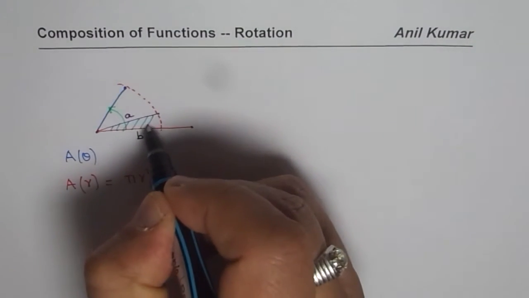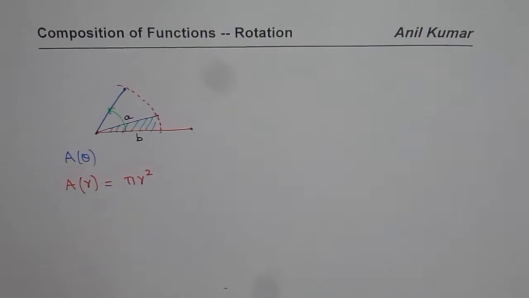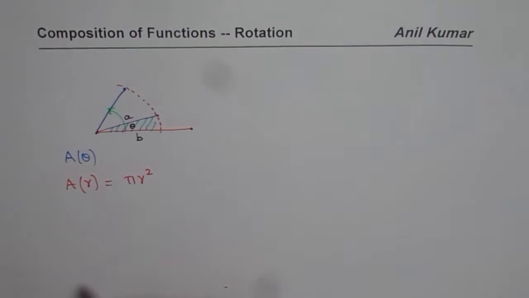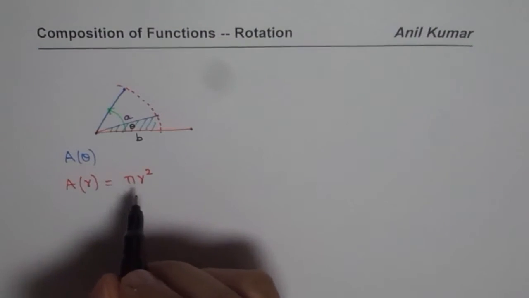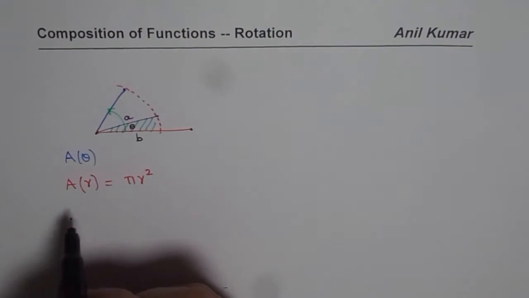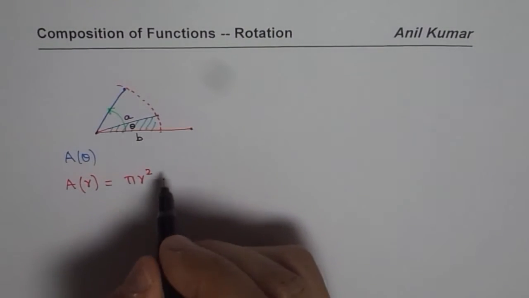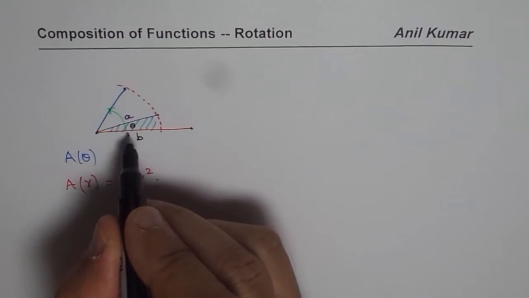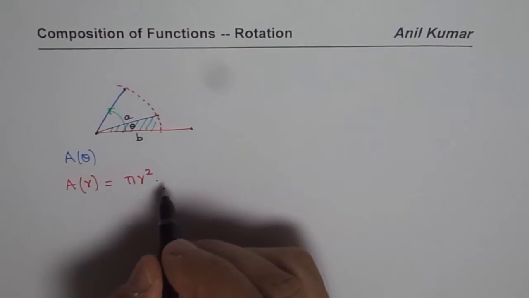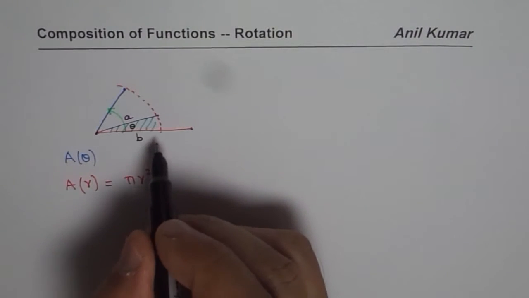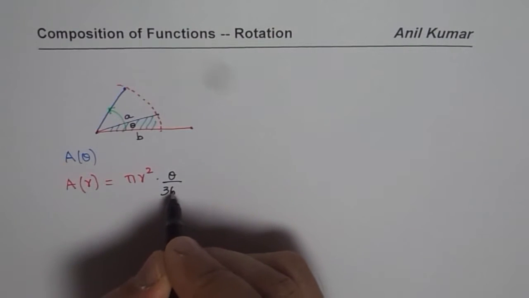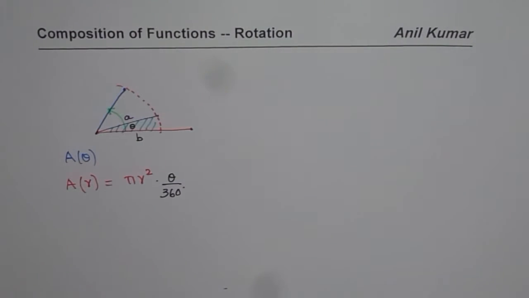Correct. Now, in case we are interested in the area of the sector, depending on the angle of rotation, we can always find that particular area. Pi r squared is the total area of the full circle. But if the angle theta is beginning to change, then the area of this sector is going to be theta over 360 degrees of that, if you are doing it in degrees.